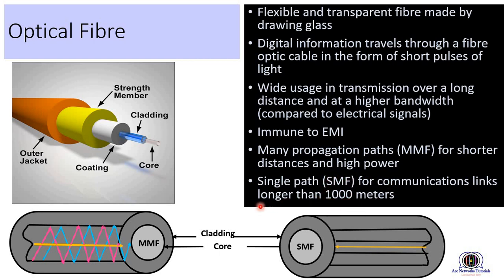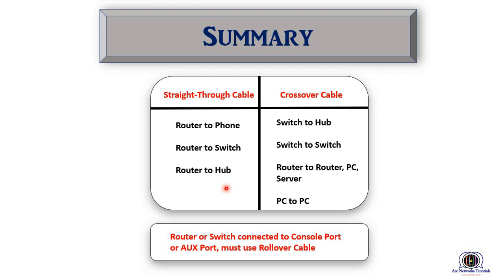With this, we have covered almost all the types of network cables. Moving further, with the summary of all the topics we covered so far. We studied three main types of Ethernet or UTP cables: straight-through cable, crossover cable, and rollover cable.